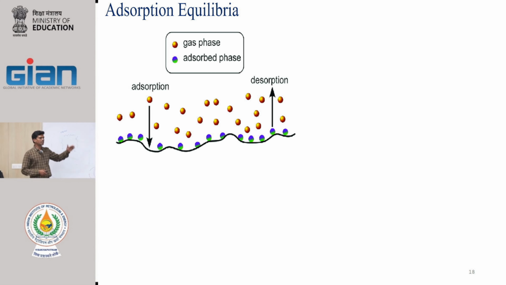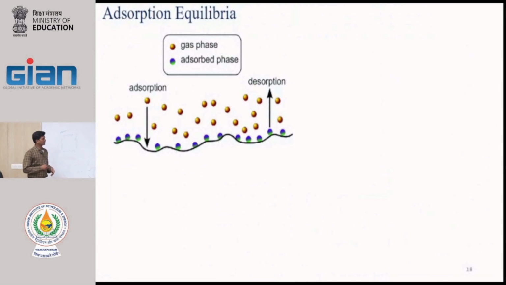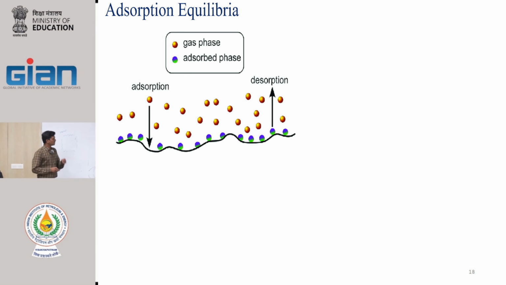After some time, the rate of adsorption is equivalent to the rate of desorption, and we can say that we reached an equilibrium stage. At different pressures we try to understand how much it adsorbed, and we call that an adsorption isotherm.